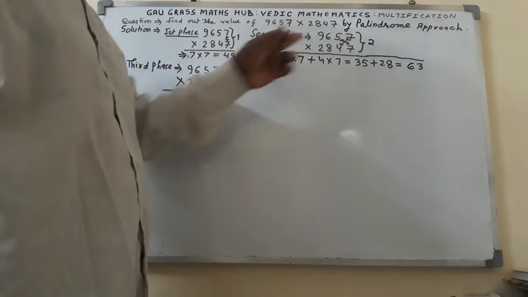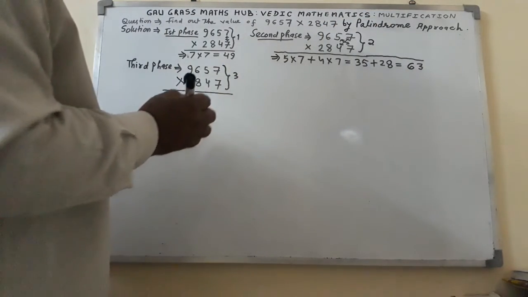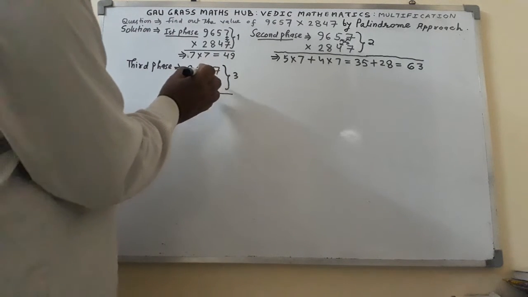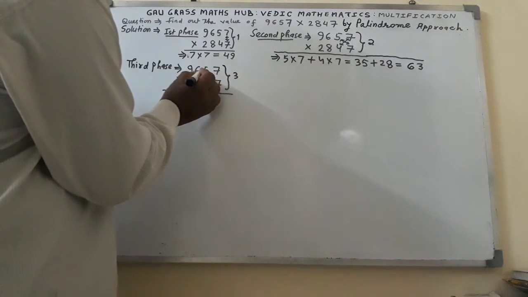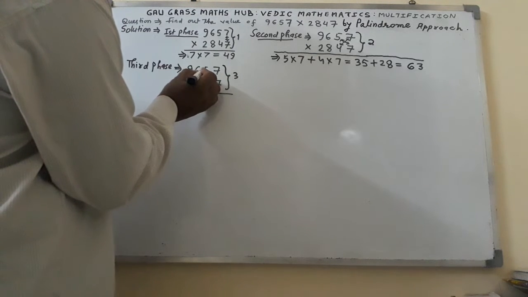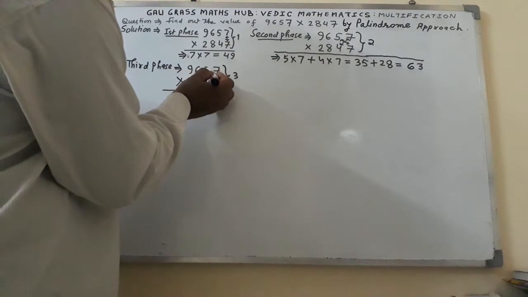Part 3 of the palindrome approach. So what will we do for 3? This 6 will multiply by 7. This 8 will multiply by 7 here.